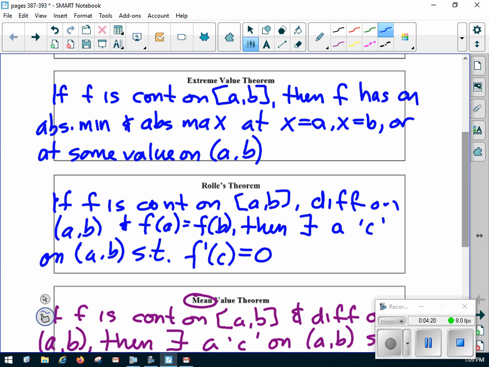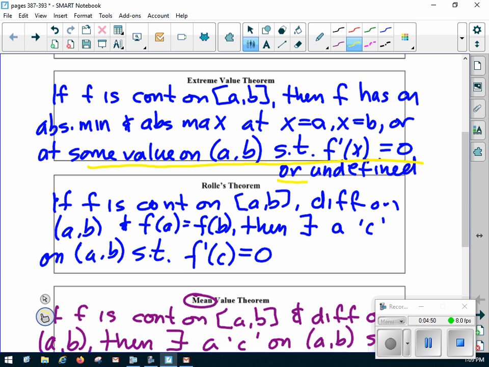Okay. Now, Sparks has one thing added in here, such that f prime of x is 0 or undefined. This part goes together right here.